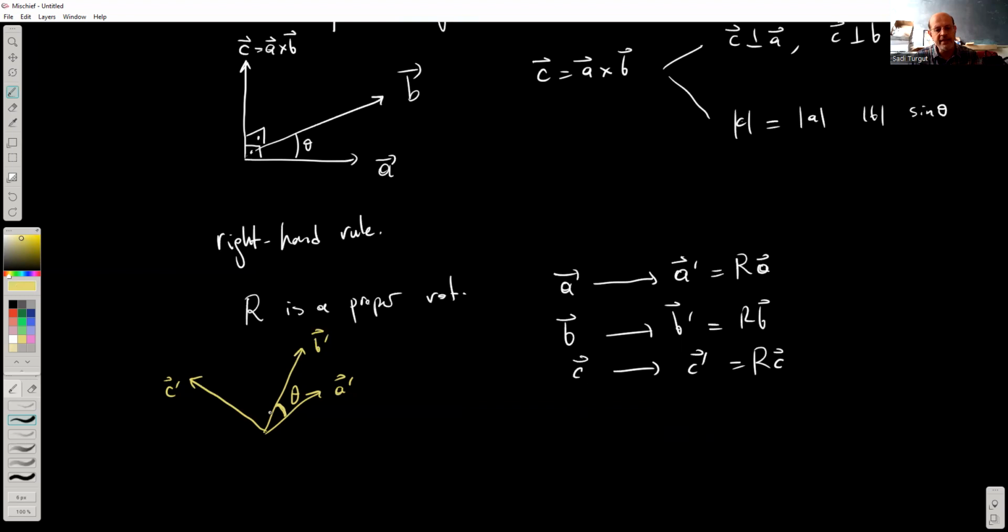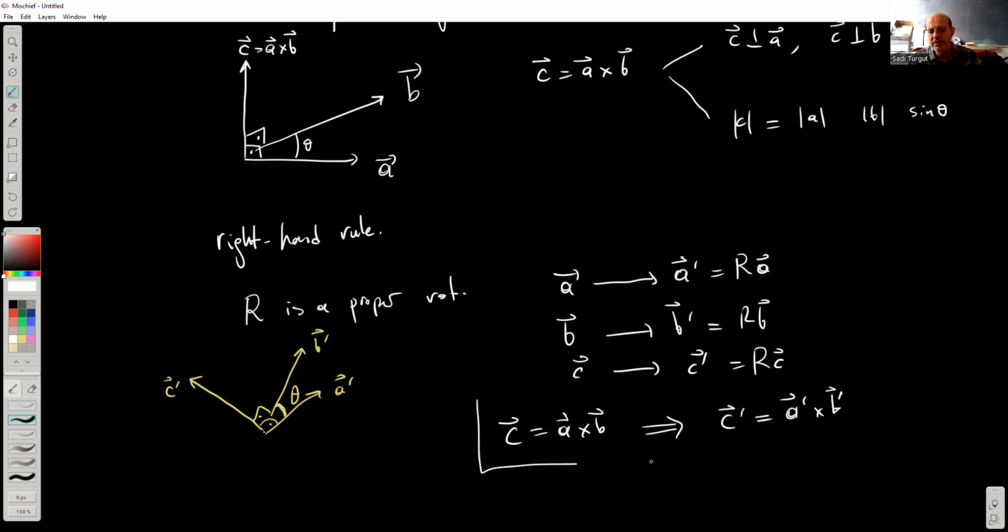And these angles are 90 degrees, because the original angles are also 90 degrees, and the length of C prime is going to be the same. Okay. So since C is equal to A cross B, C prime is equal to A prime cross B prime as well.